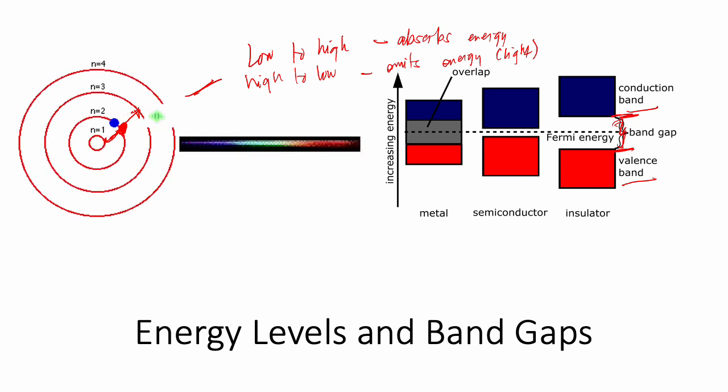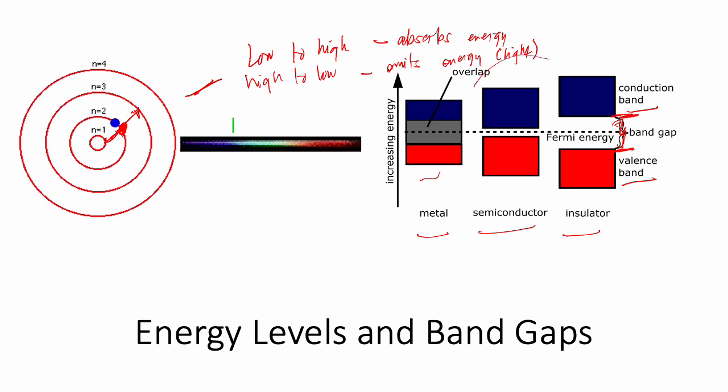And you can differentiate the three properties. So we have the conductors, the metal, the semiconductor, and the insulator. As you can see, if we differentiate the band gap, in conductors there is an overlapping of the valence and the conduction band, and this allows electrons to move easily.